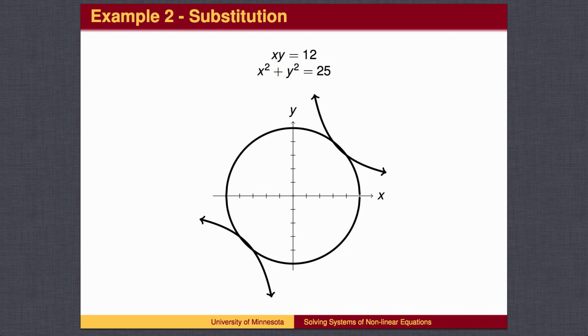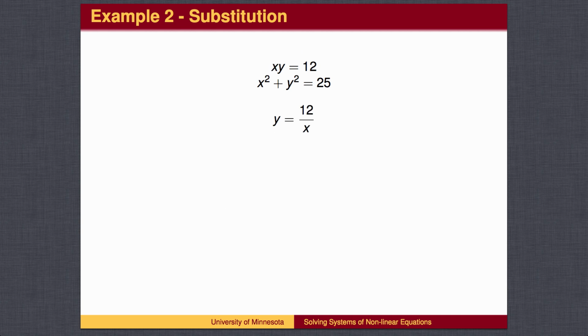Here is a second example. It is a hyperbola of the second form with a circle. It is hard to tell how often these graphs intersect. To solve algebraically, we can manipulate one equation to solve for one variable. In this case, dividing the first equation by x solves for y.